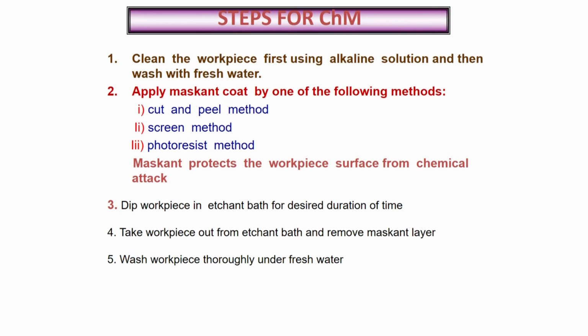Then take the workpiece out of the etchant bath after machining and remove the maskant layer. After that, it has to be cleaned thoroughly under fresh water. So these are the steps of the chemical machining process.